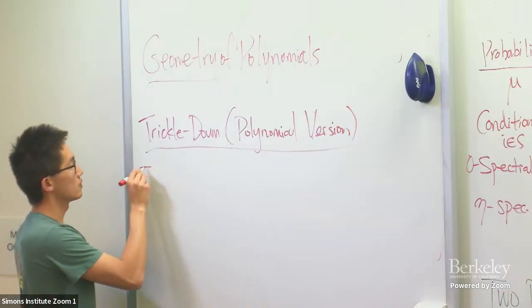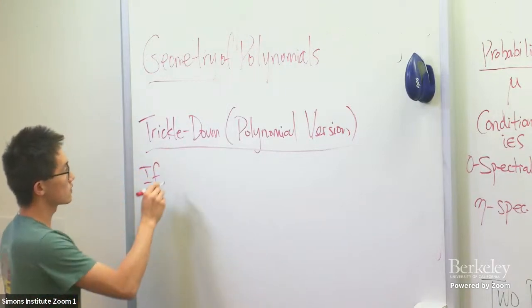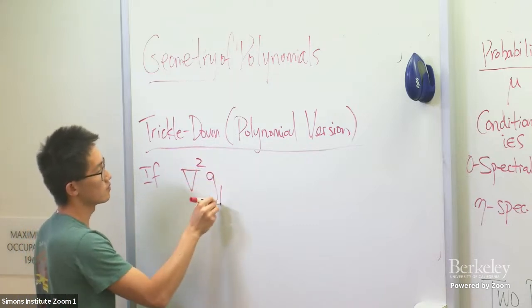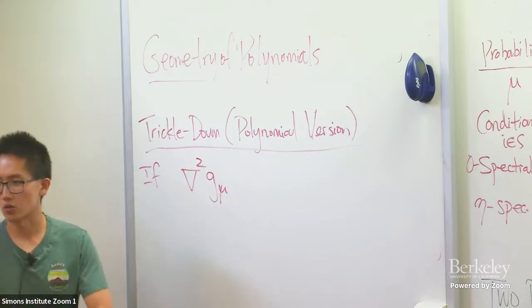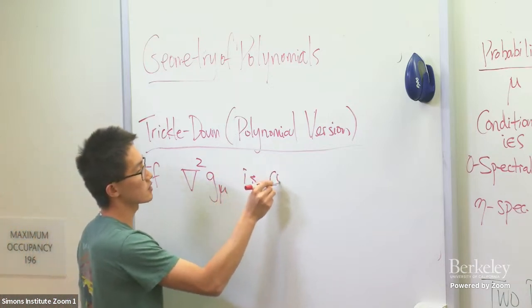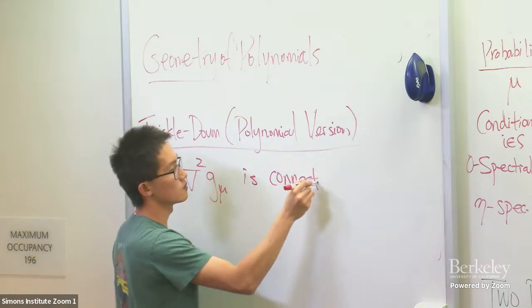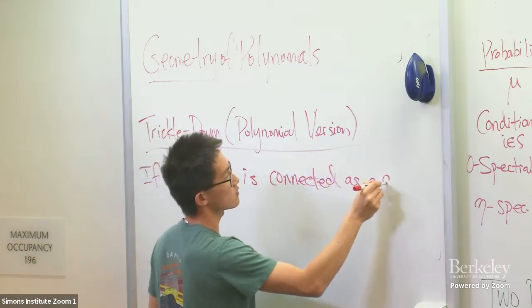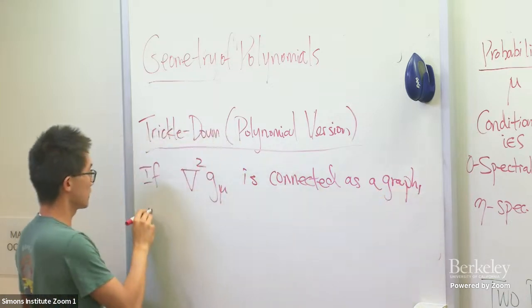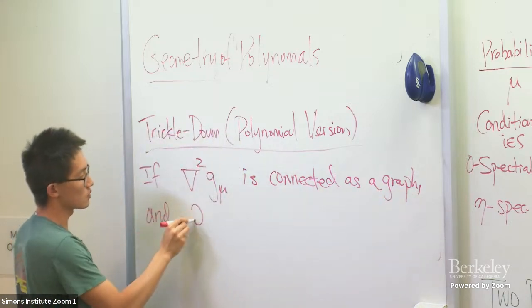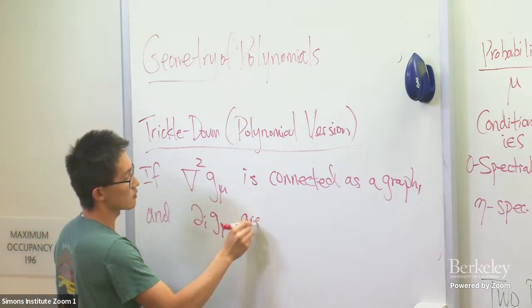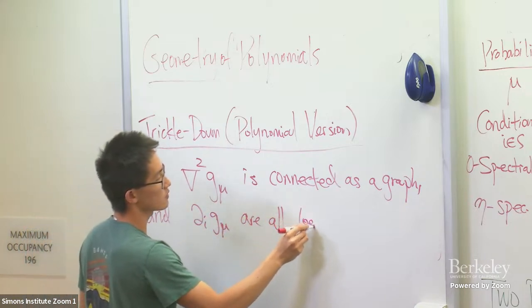So if I look at the Hessian of my polynomial, I can view it as a weighted graph. Okay. So this thing is connected as a graph. And now let's say the derivatives are all log-concave.